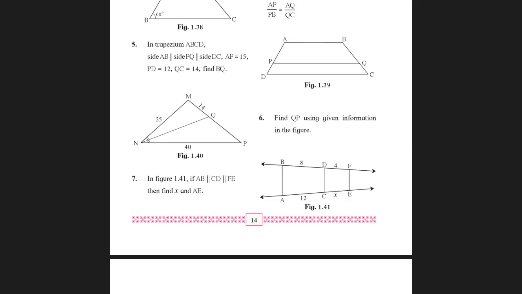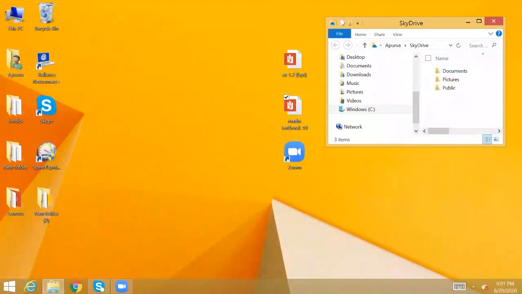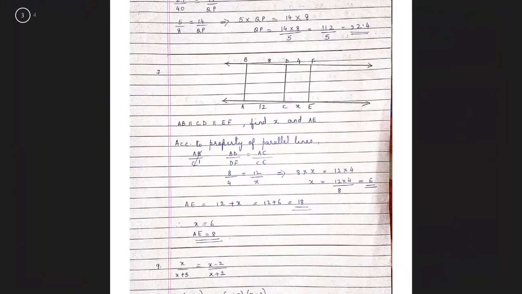AC upon CE is equal to BD upon DF. So it's very simple. Let's see how to do that. Question number 7. AB parallel to CD parallel to EF. So according to the property of parallel lines, BD upon DF is equal to AC upon CE. So 8 upon 4 equal to 12 upon x.